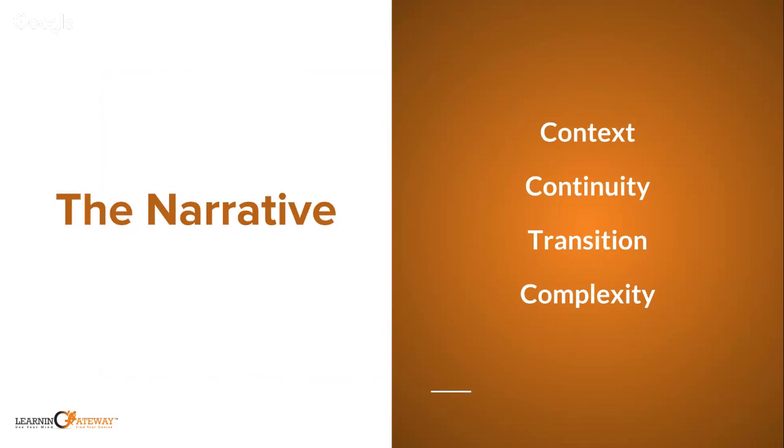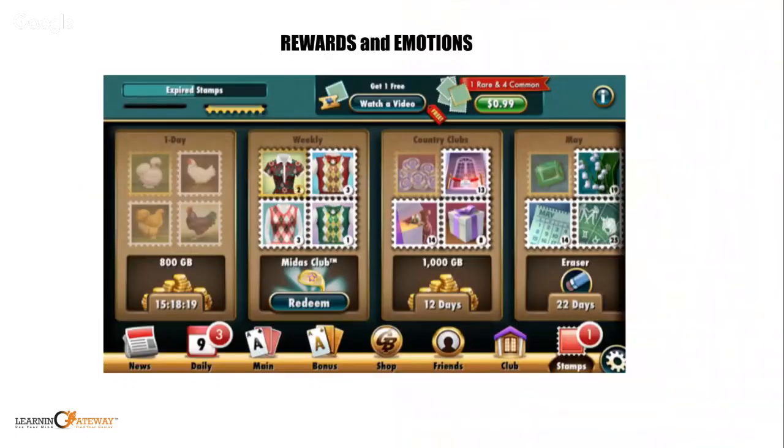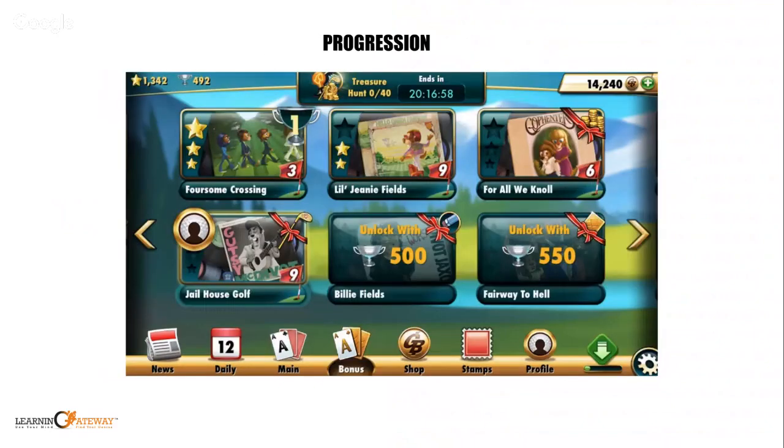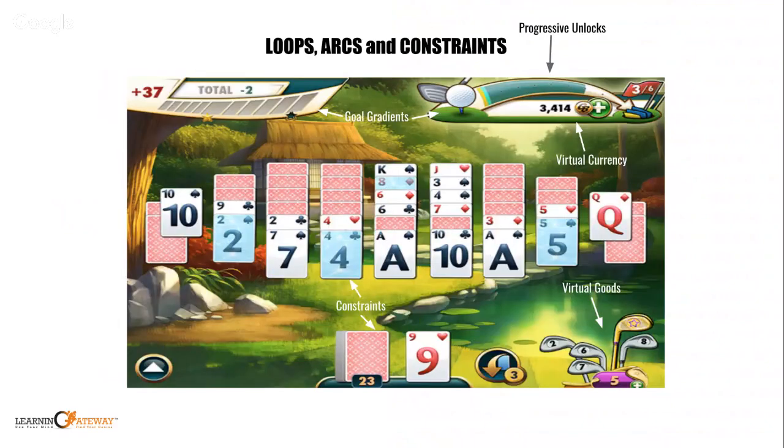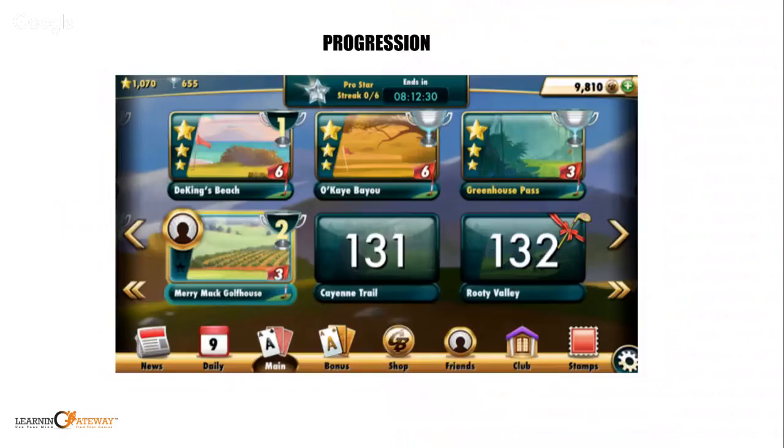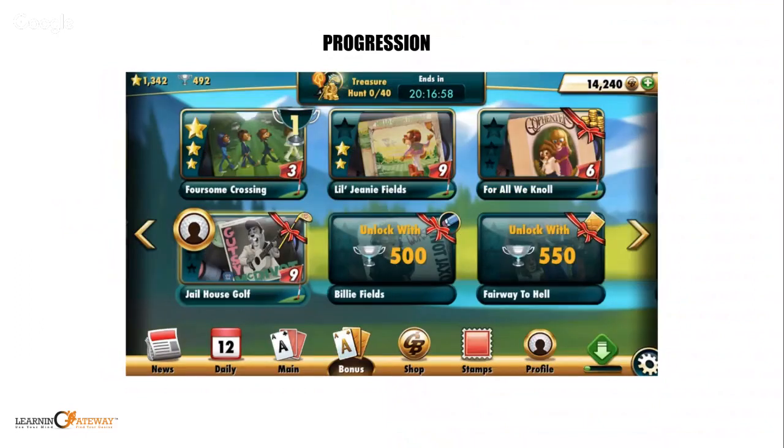One of the things you will notice is there are all these different icons at the bottom, different things that you have to learn how to do. And as I mentioned before, you've got these golf clubs and these levelers and different things. They don't introduce this to you all at once. They gradually introduce the complexity, they gradually introduce the tournaments, they gradually introduce more things that you can do.